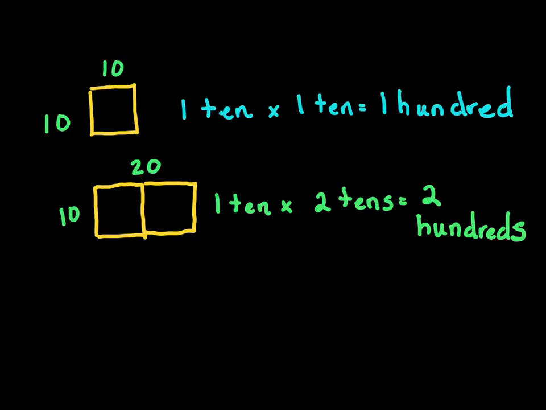So 10 times 10 is equal to 100. 1 ten times 2 tens is 2 hundreds. 10 times 20 is 200. So we've got 100 here, and we have 10 times 20 gives us 200. A way to look at that is 1 times 2 is 2, and then we have the 2 zeros to give us 200.